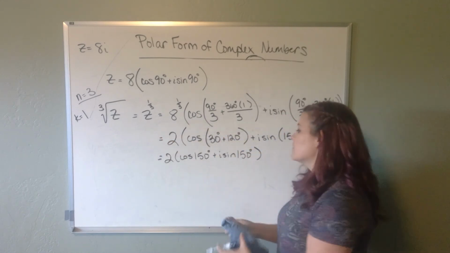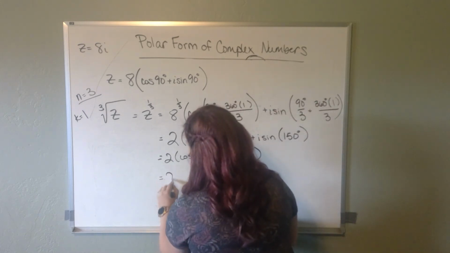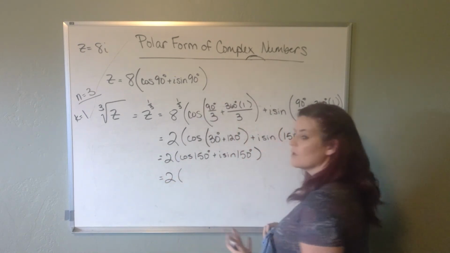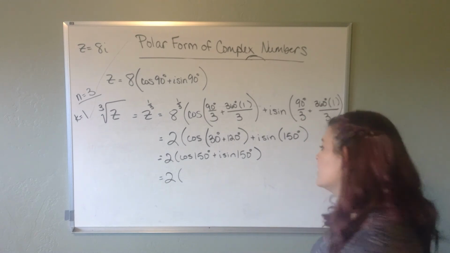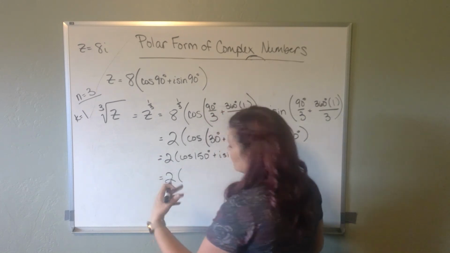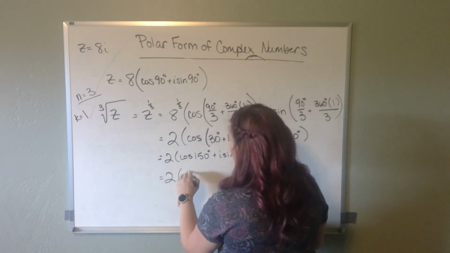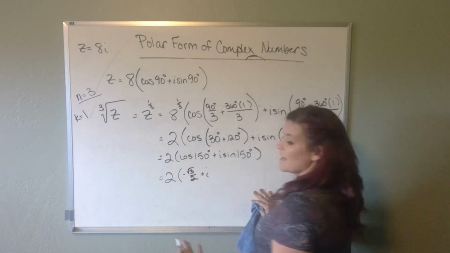Put it in rectangular. Remember, you just actually find these values. So I get 2 times the cosine of 150. That's in the second quadrant where cosine is negative. And it's a 30-degree reference, so it's negative root 3 over 2. Plus I times the sine of 150.